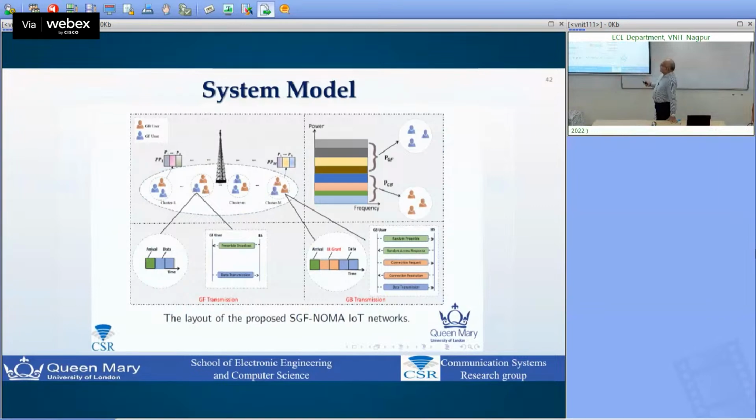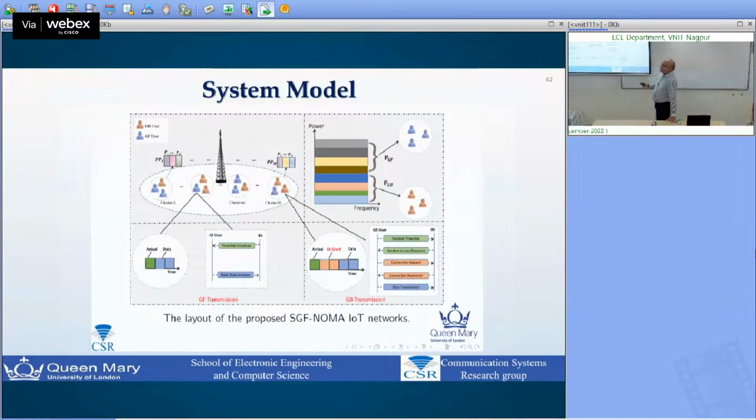So now here, you know what grant free transmission is and what grant based transmission is. Here we are going to have a power pool for every cluster. That means for every sub channel we are going to have a power pool. In every sub channel we have grant based as well as grant free users.